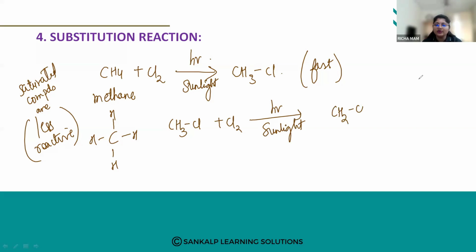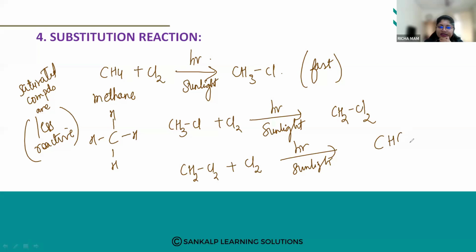Slowly, chlorine will replace all the hydrogen atoms. So CH2Cl2 plus Cl2 in the presence of UV or sunlight will give CHCl3. Again CHCl3 plus Cl2 in the presence of sunlight will give CCl4.